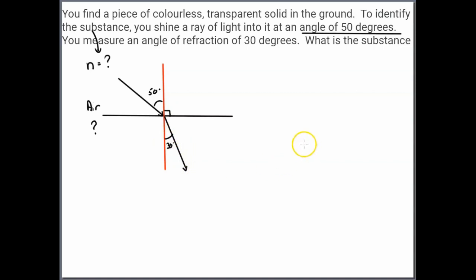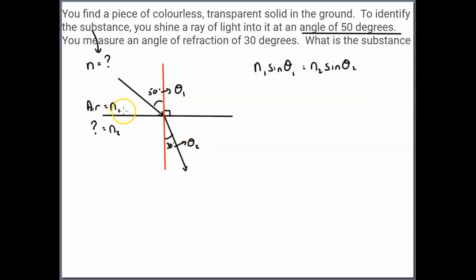So roughly something like this. What is the substance? We actually have two values for n. We have air, let's call this n1, and then we have this unknown substance, let's call it n2. So we can use Snell's law here, where Snell's law is n1 sine theta 1 equals n2 sine theta 2, where this would be theta 1, or our incident angle, and this would be theta 2, or our refracted angle.